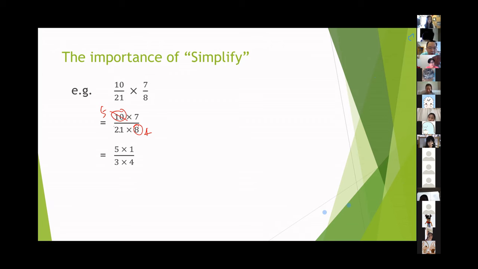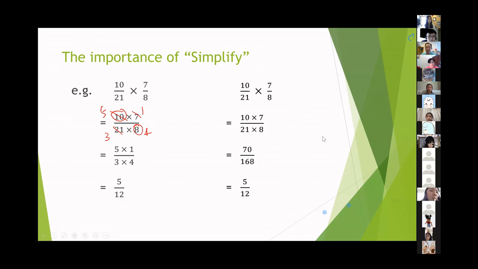And then 21 and 7 can be simplified as 3 times 7 and 1 times 7. So this is actually 5 times 1 on top, 3 times 4 at the bottom. Therefore, the answer will be 5 over 12, right? Very easy one.